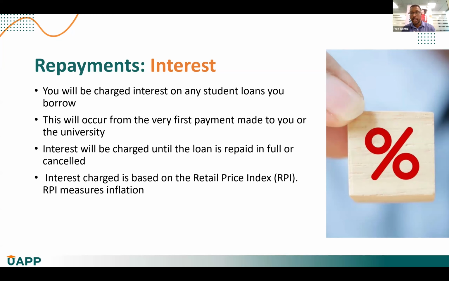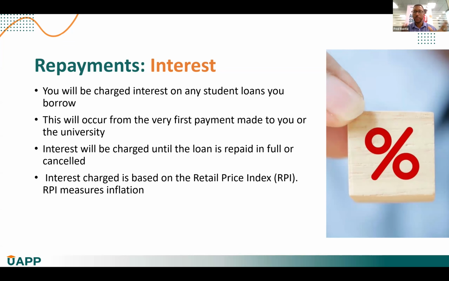When you graduate, everything is based on your salary. That's the difference, right? Once you graduate, how much you earn will determine how much interest you pay. Whereas whilst you're studying, it will be RPI plus student finance interest, which I believe at the moment is 7%.